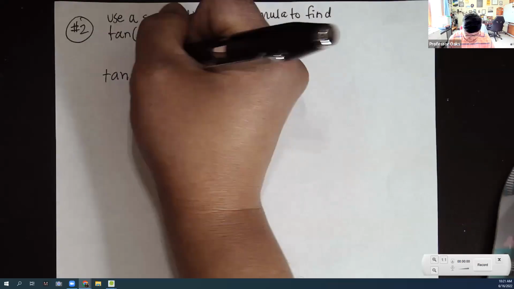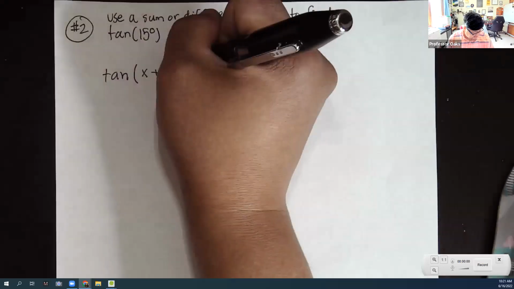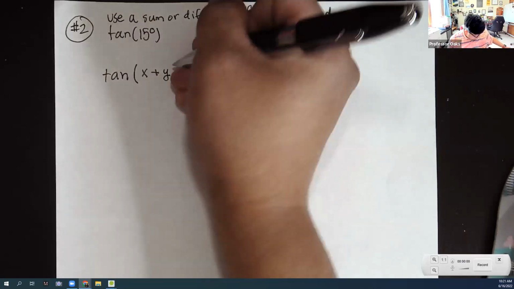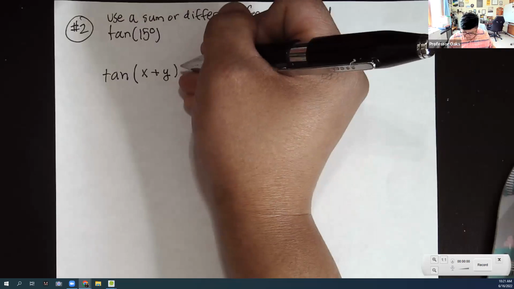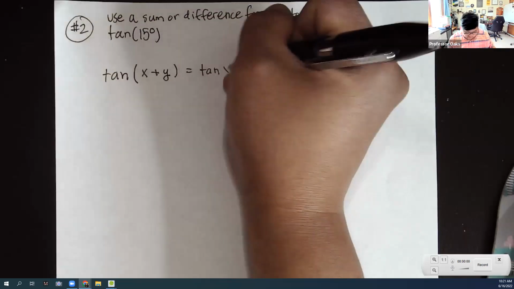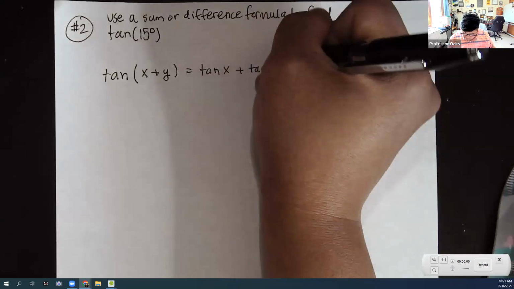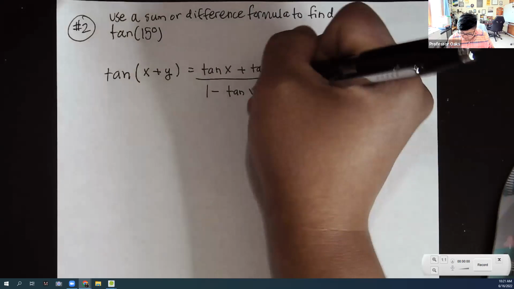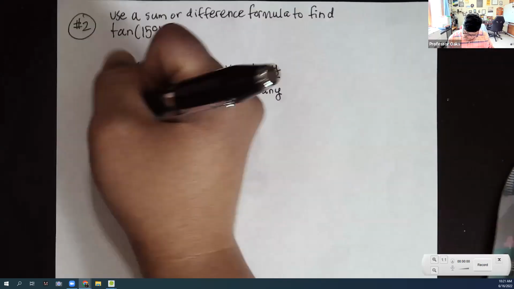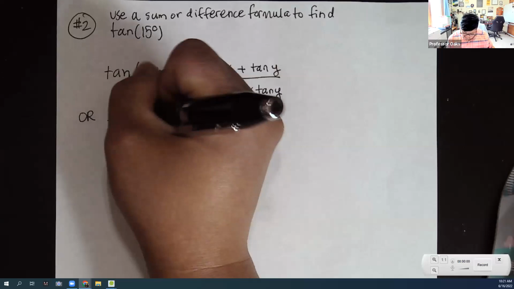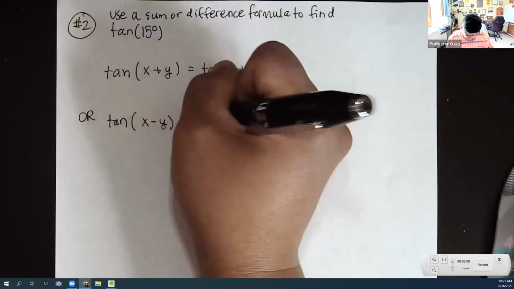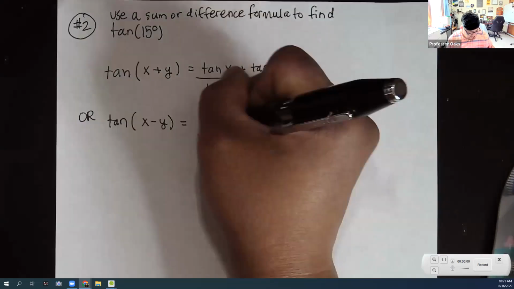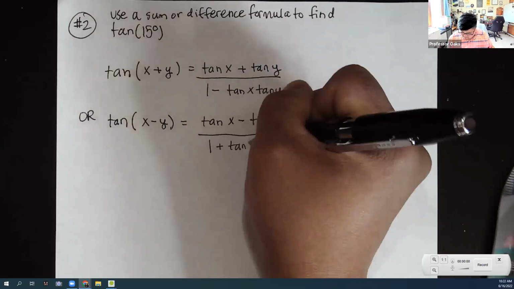Tangent of x plus y is going to be tangent of x plus tangent of y over 1 minus tangent of x tangent of y, or you can use tangent of x minus y will be tangent of x minus tangent of y over 1 plus tangent of x tangent of y.